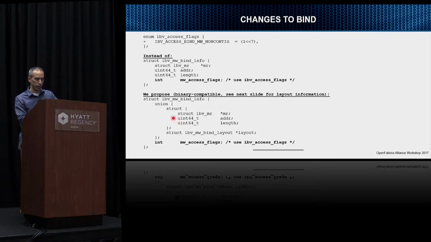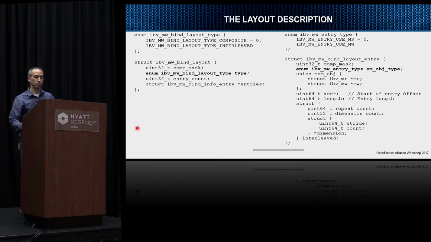We take all that and wrap it in a nameless structure, and with the union, we either use those legacy parameters, or we have a pointer to a new bind layout. Using the access flag, we can define if this is a bind operation for a more complex layout or the legacy memory window. Once it is the new layout, the new layout includes those attributes.